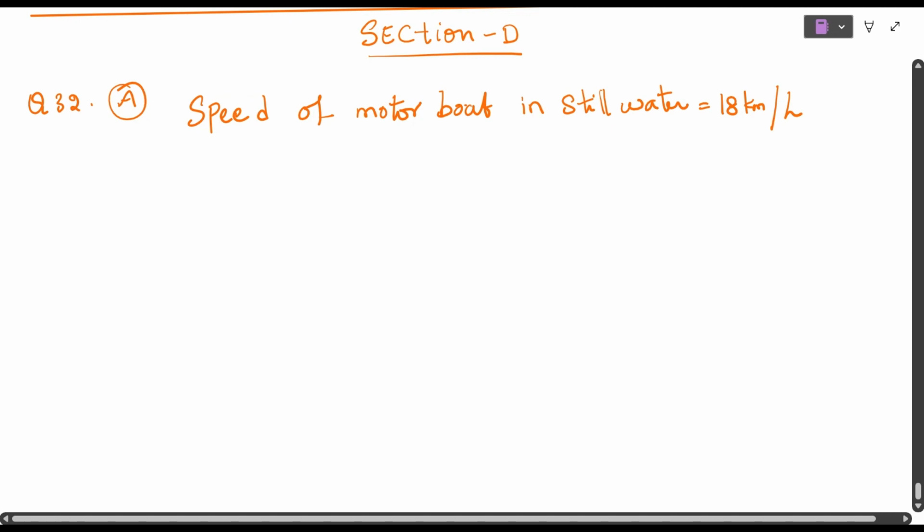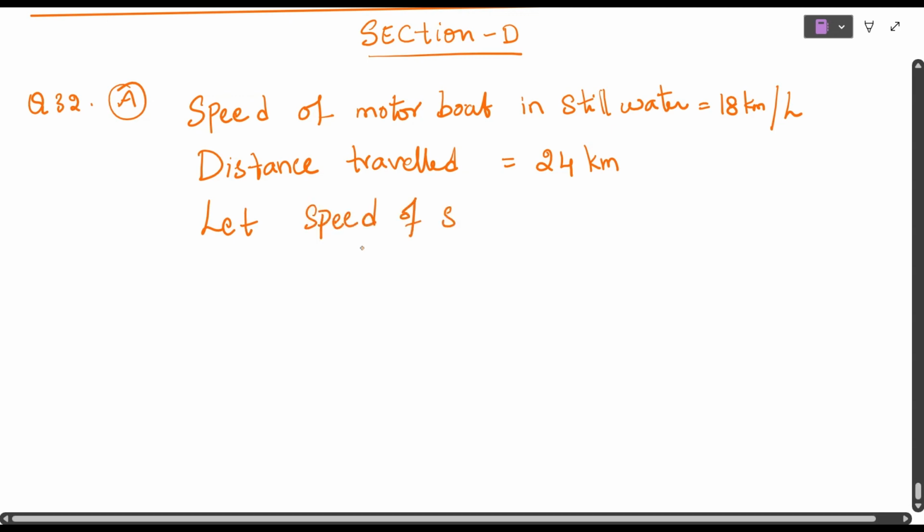Here the distance traveled is 24 kilometers. This distance is the same for both upstream and downstream. They are asking us to find the speed of the stream. We don't know the speed of the stream, so let the speed of the stream be x kilometers per hour.